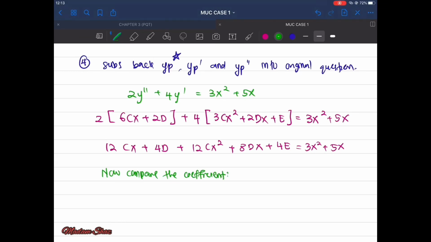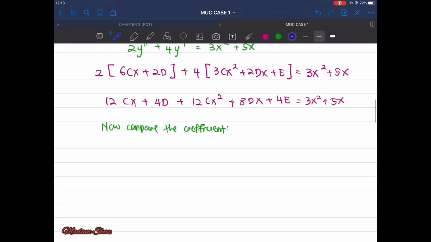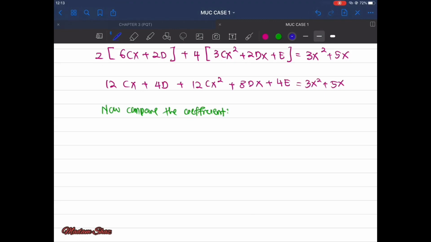So compare the highest power that you have on your left hand side. The highest power that we have on the left hand side is power of 2. So we have x to the power of 2, x to the power of 1, x to the power of 0.